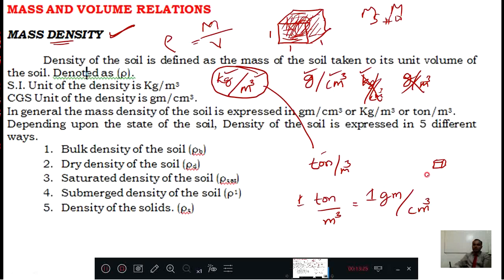This small lid, I can say, is approximately 1 centimeter cube. It's round in shape, but the volume is approximately that much.